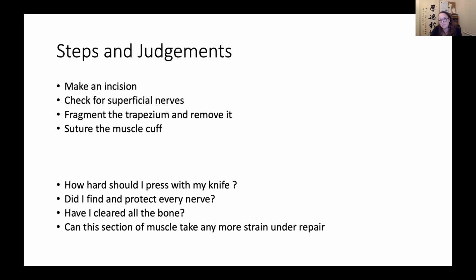And suturing a muscle cuff, a folded over bit of muscle, is partly knowing how to throw the stitches. There's something about a practical skill in there, but it's also about gathering something about the texture of the muscle to make sure that it can take the suturing material. And that is something which is purely situated in one place. No two muscles are the same. And that time and place situatedness is somehow very, very important.